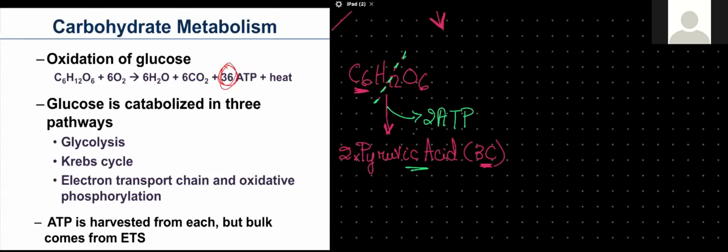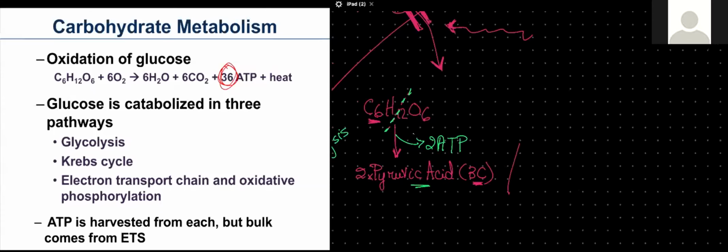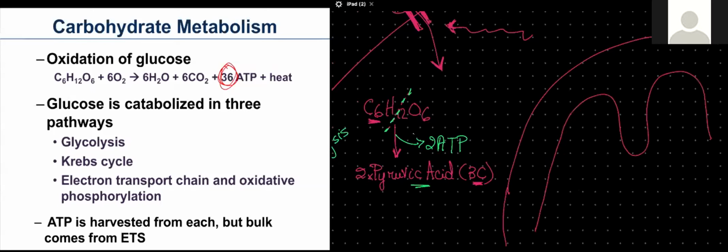Each of the pyruvate, if I did have enough supply of oxygen to the cell, this pyruvate is going to be traveling to the inside of the mitochondria, and on its way, it's going to be transformed into an acetyl-CoA.